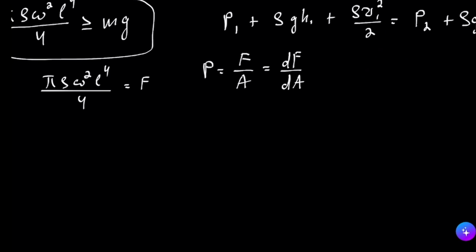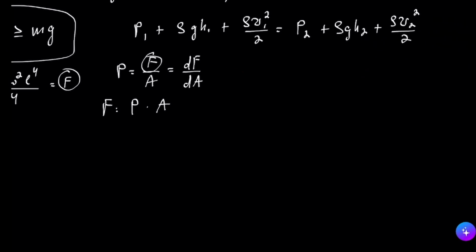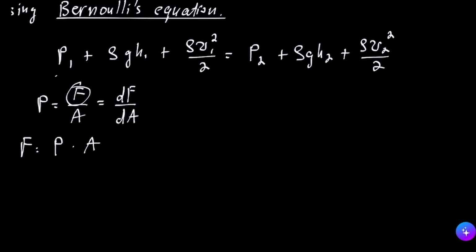So to find the force, we're going to have to find P, and we're going to have to find A. So to find P, we can find it from Bernoulli's equation.